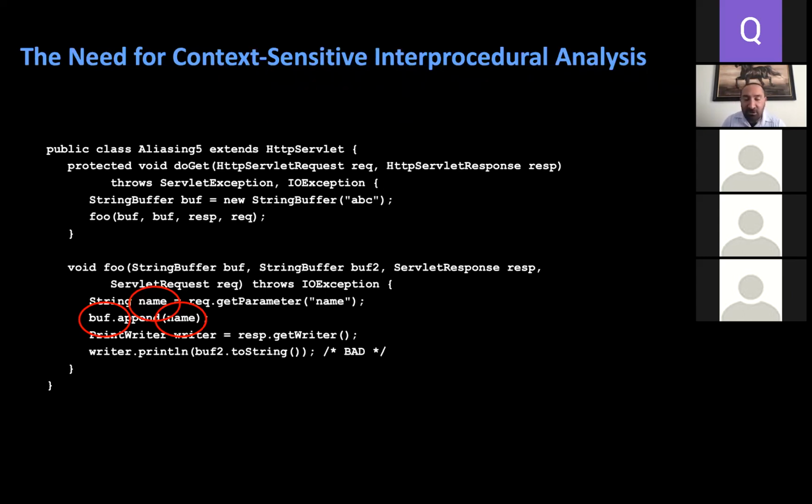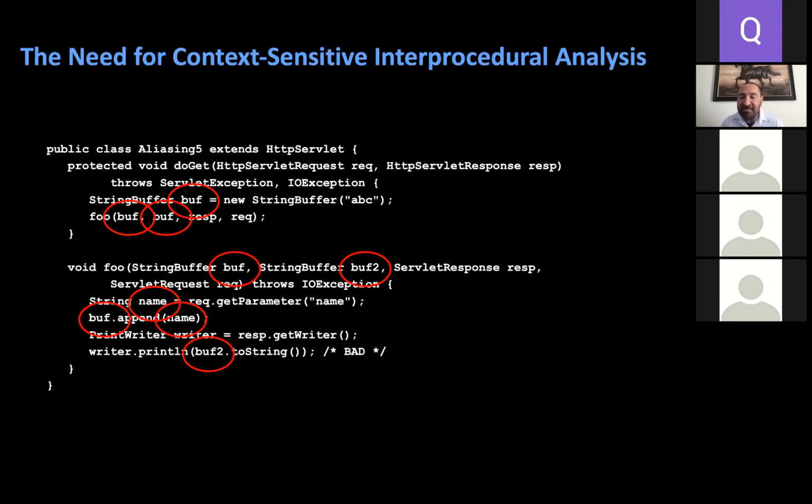So it looks like an analysis could stop here and say this program is safe. In reality, if we look at where buff is coming from, it was instantiated in another method. And that buff variable was passed as both the first and the second parameter to the method foo. So buff2 is also tainted, and this actually makes this a real threat. This is a real security violation.